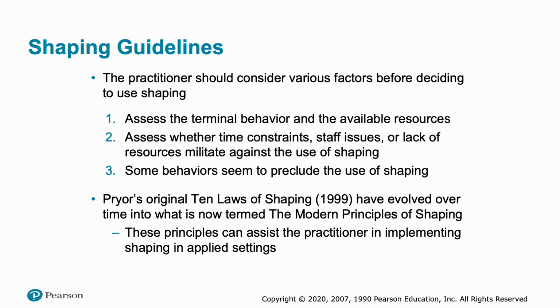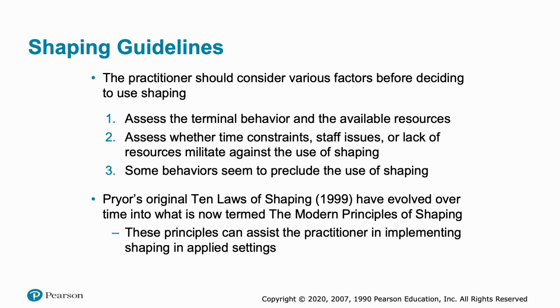So as I mentioned, these are some factors that you want to consider prior to determining whether a shaping procedure is appropriate for your client. But let's say that you have already decided, okay, my client fits these specific requirements. We don't have any concerns about a severe problem behavior.